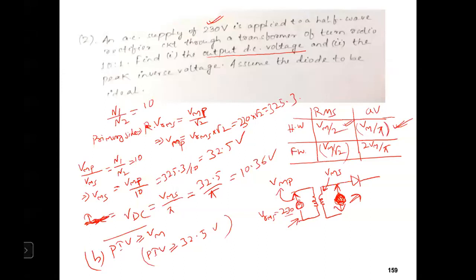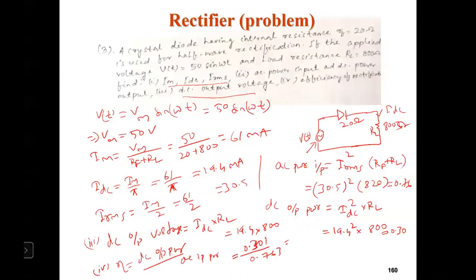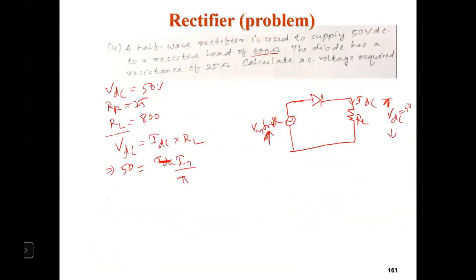Look at this. Here IDC equals Im by pi. So Im by pi into RL, or this Im will be equal to how much? Im will be equal to Vm by RF plus RL.